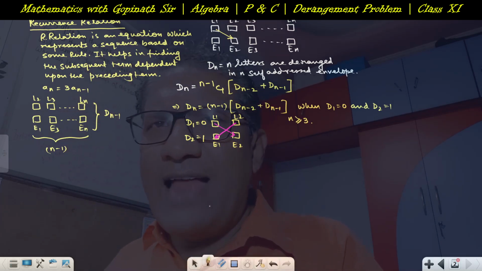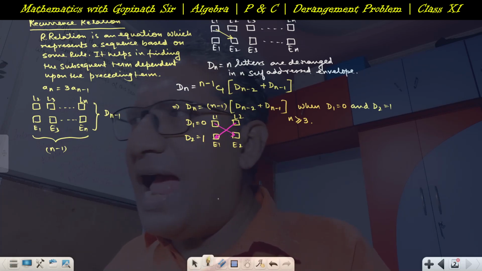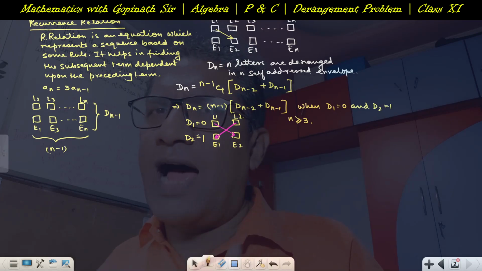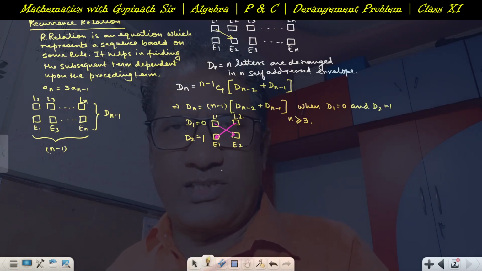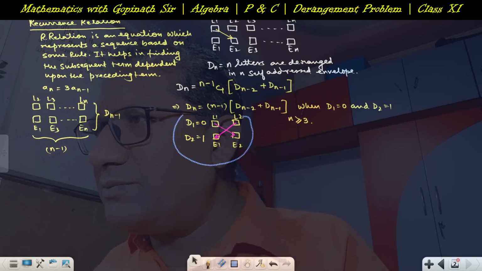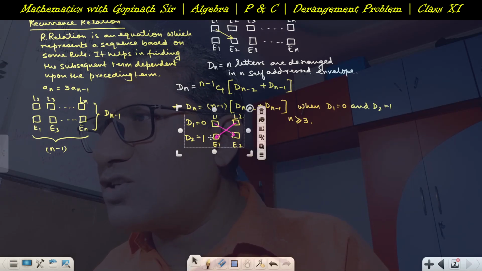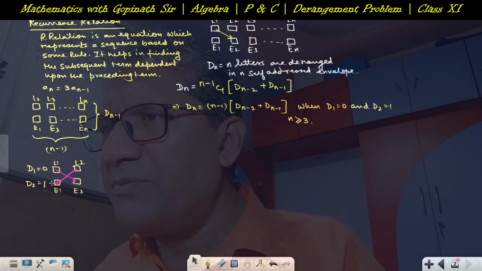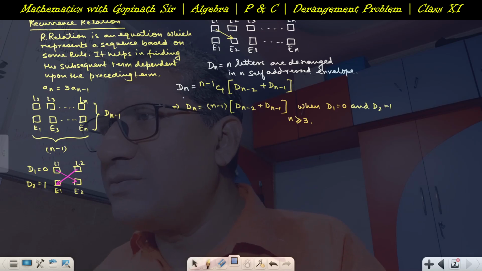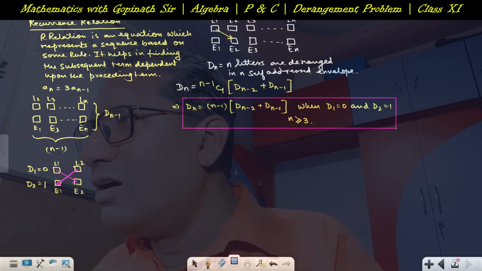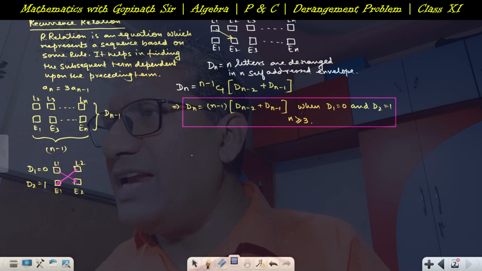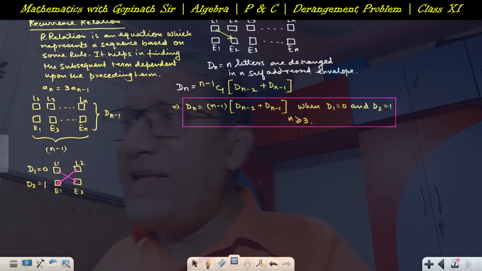Because the initial values D1 and D2 we have already considered, this relation holds from 3 onwards. So let me shift this one here. So we have got this as a formula for the recurrence relation for the number of derangements.